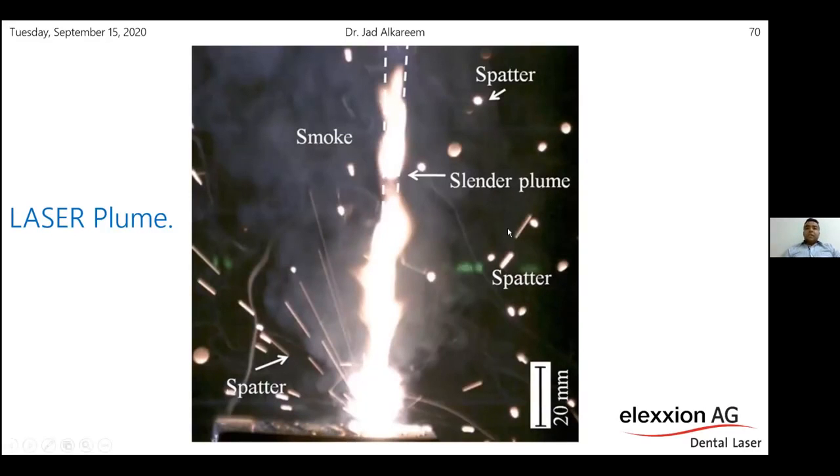This is the laser bloom. Actually, you can see it here, magnified, but in the clinic you will not be able to see the laser bloom, because it is very, very small and we will not be able to recognize it. The best method to protect yourself is to wear a suitable face mask designed against laser bloom.